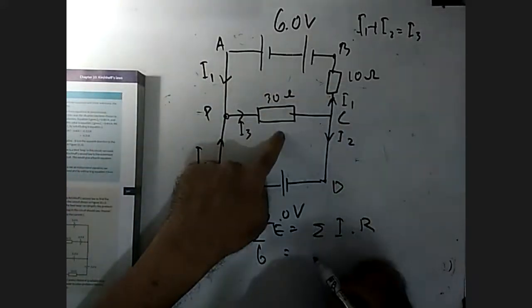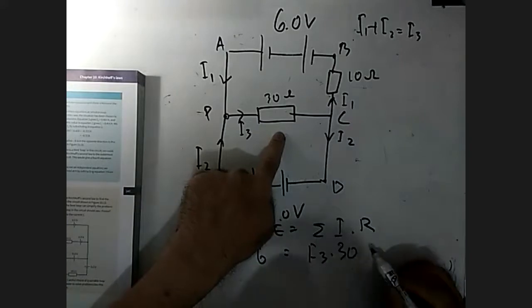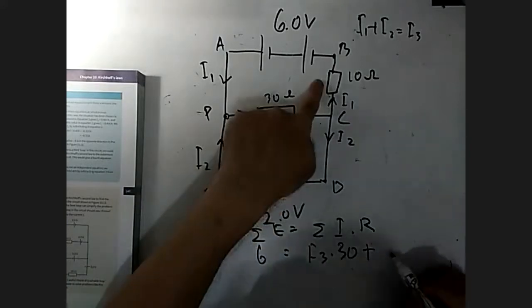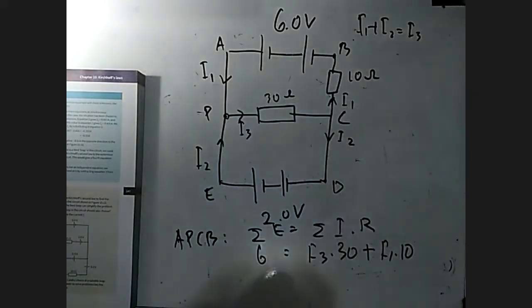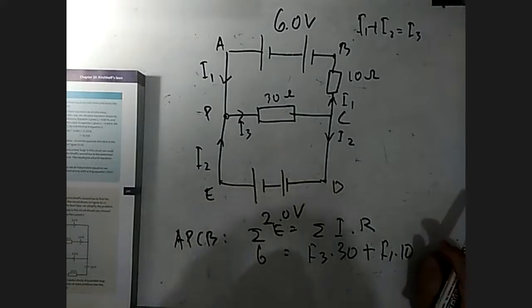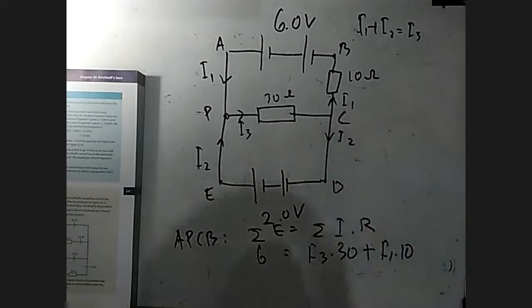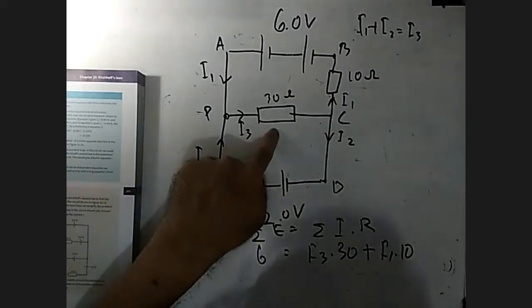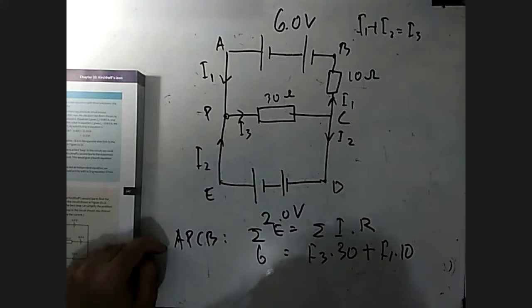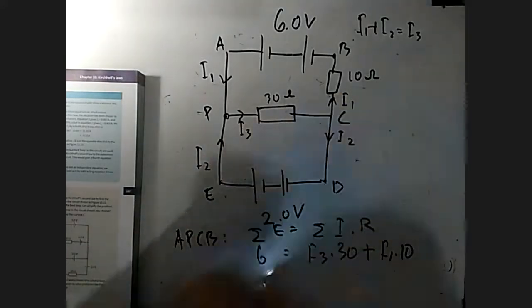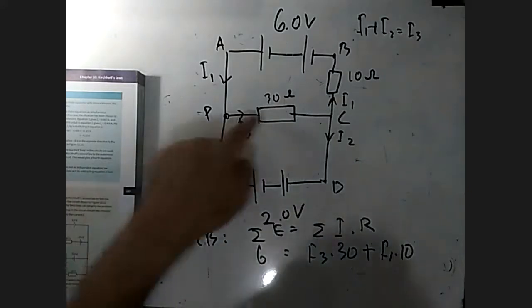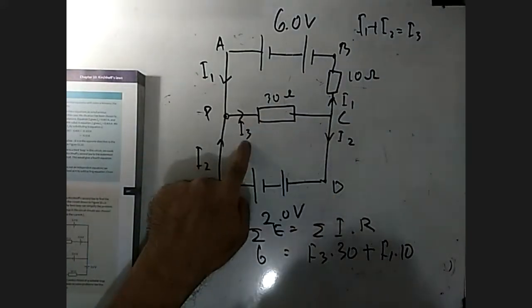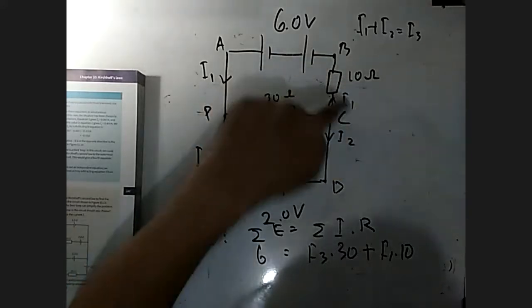So that's going to be I3 times 30 plus I1 times 10. This is how we make it here. I repeat, current 3 times 30 plus current 1 times 10. The current passing through this one is current number 3. The current passing through the 10 ohm is current number 1.